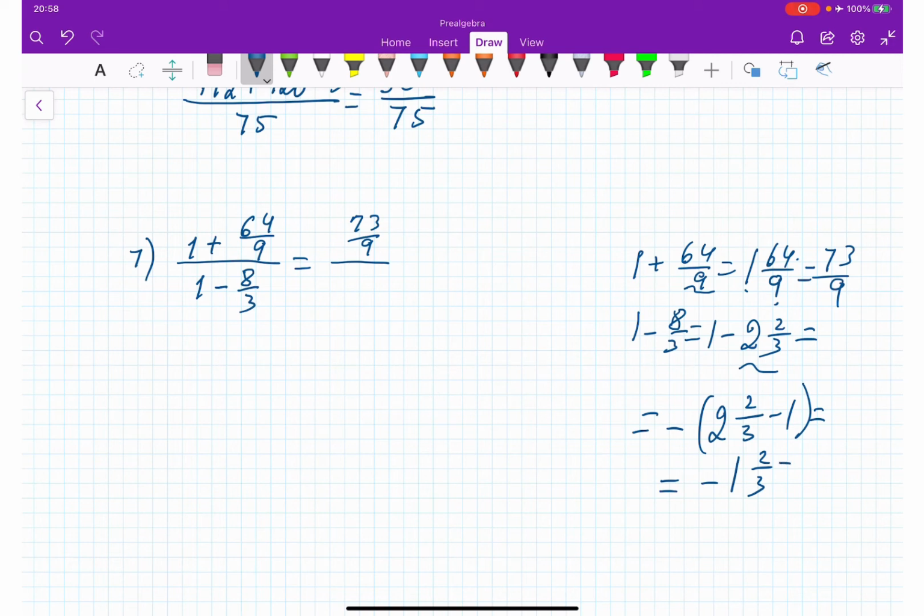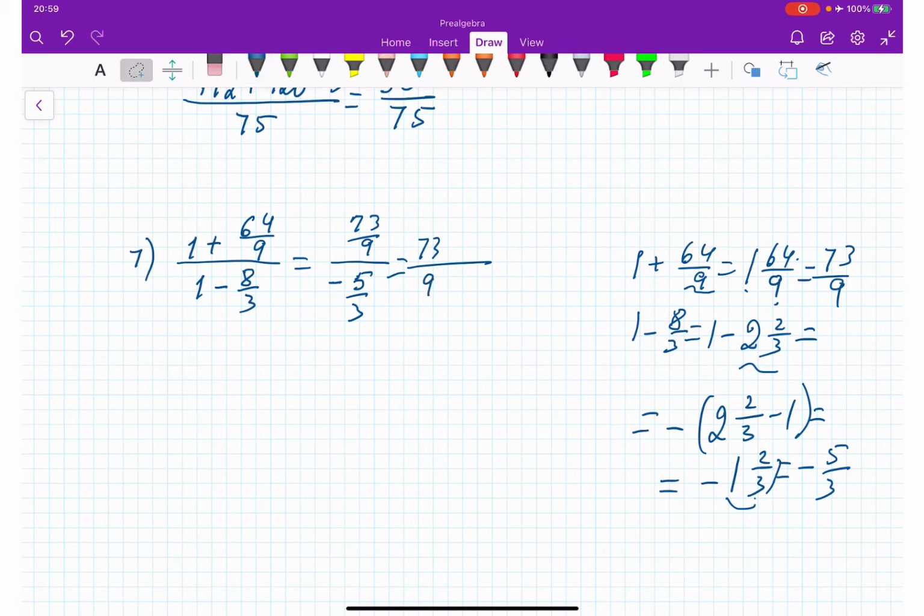Or if you want to convert into an improper fraction, it's 1 times 3 is 3 plus 2 is 5. Negative 5 over 3. Now, we need to divide. 73 over 9 comes here.